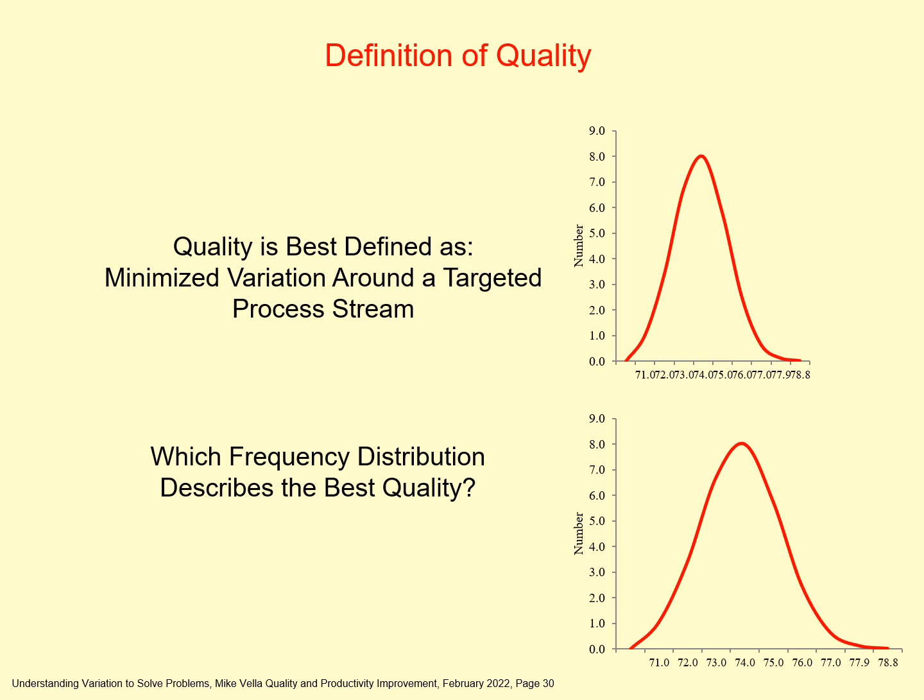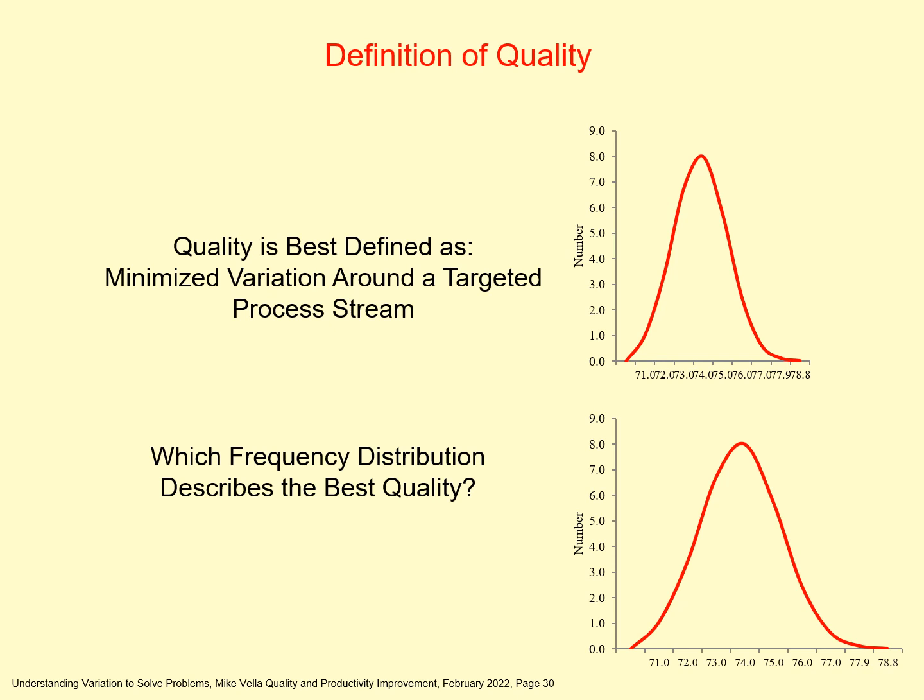Let's talk about quality again, and in terms of variation. Quality is best defined as minimized variation around a targeted process stream. So when you take a look at those two frequency distributions, which one has the best quality? The one on the top or the one on the bottom?